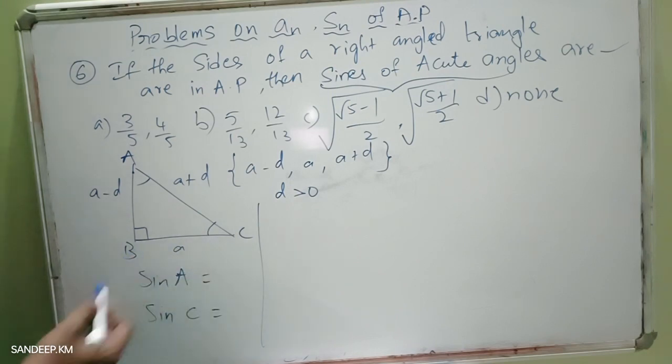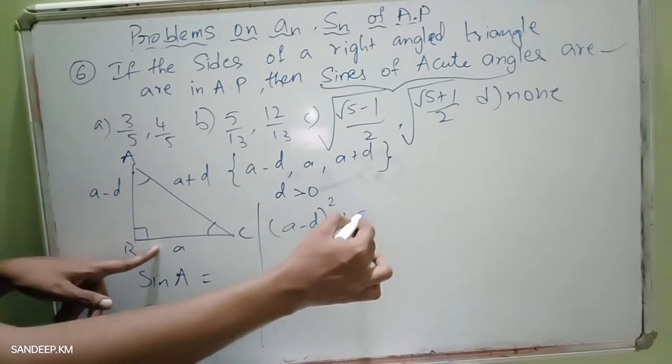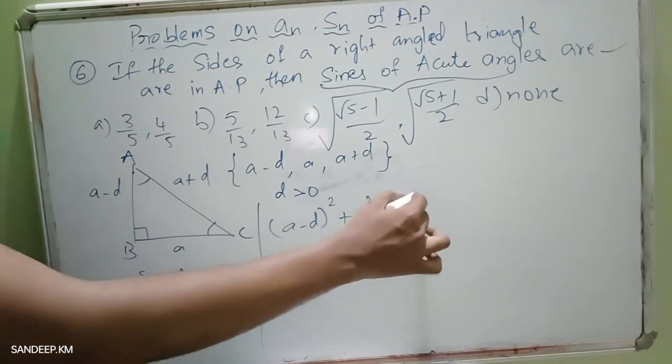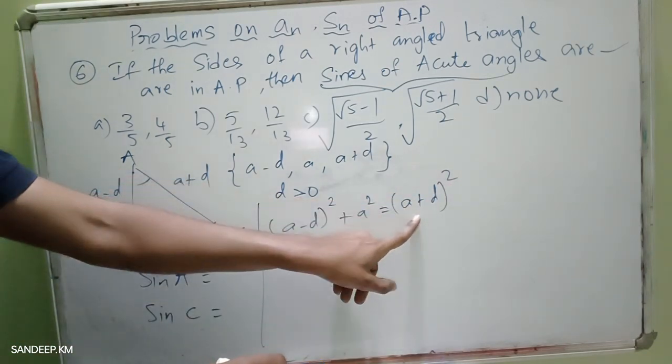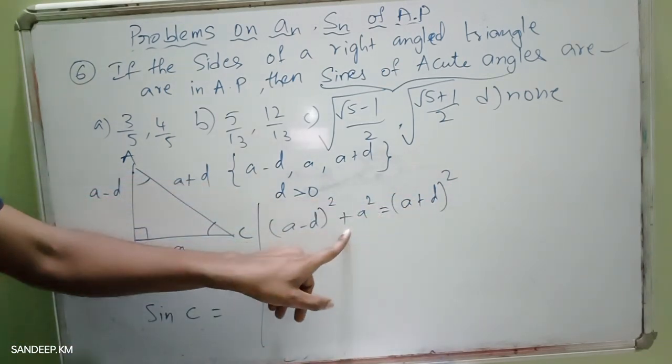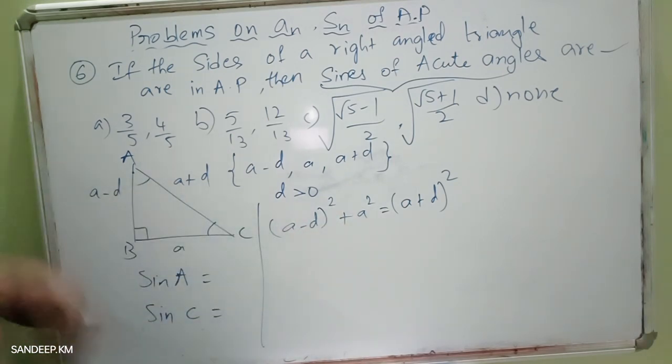Okay. Now let us use Pythagoras theorem in the triangle ABC. So A minus D whole square plus A square is equal to A plus D whole square. What does Pythagoras theorem say? The square of the hypotenuse is equal to the sum of the squares of the other two sides. Now let us expand it and simplify it.